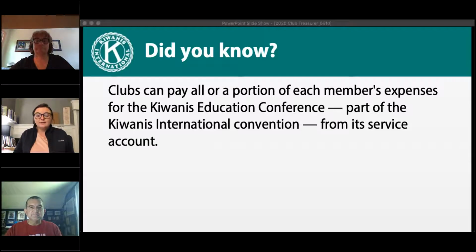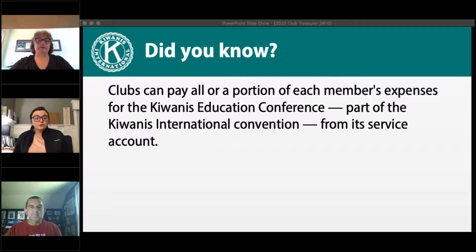You're being trained in a way that's going to benefit your community, increase your service, and increase your revenue. So by your club using some of its service funds to invest in you, you will then be able to invest in your community and see a return on that investment, hopefully quickly.